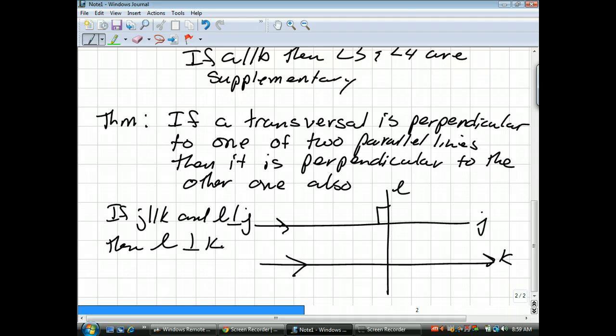Okay, so let's look at some application of these theorems.